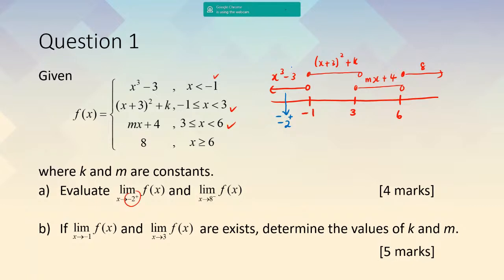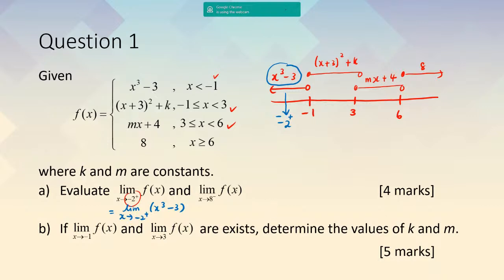The function that we will choose is x cubed minus 3. So the limit of f(x) as x approaches -2 from the right, our function is x to the power of 3 minus 3 as x approaches -2 from the right.